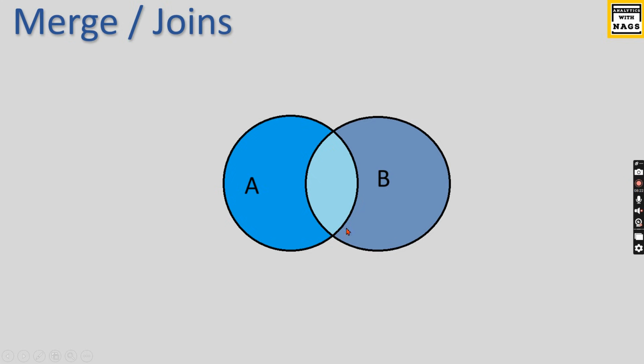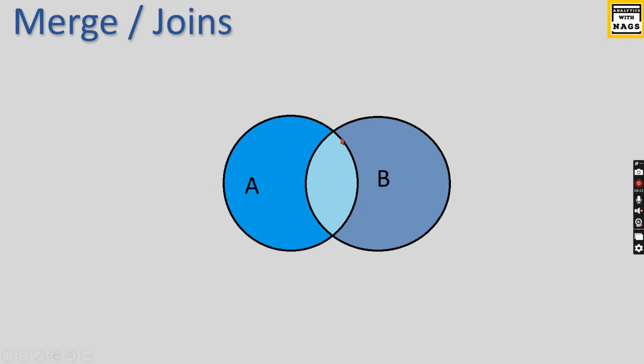You have this table that is circle 1, meaning A, and you have circle 2 that is B, which can be considered in terms of data as tables. Now left join means you have all the data from A table and matching records from B. This is what the left join will do.